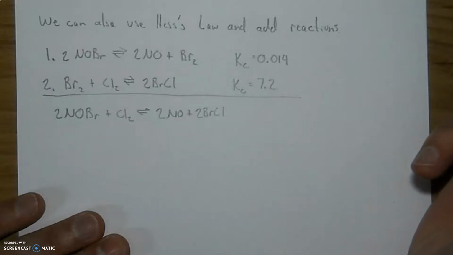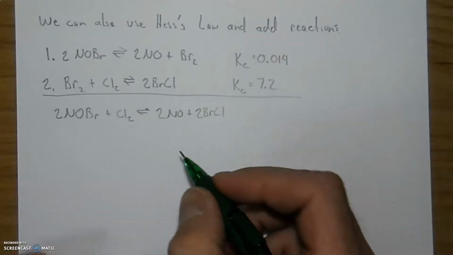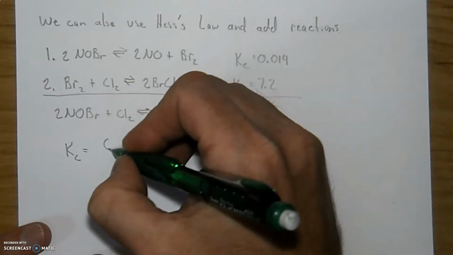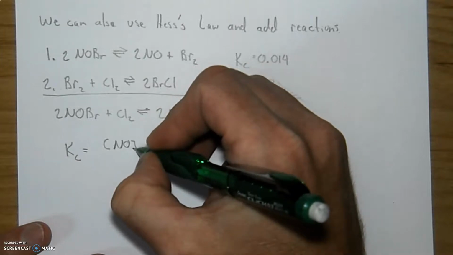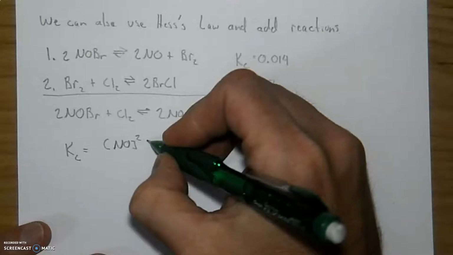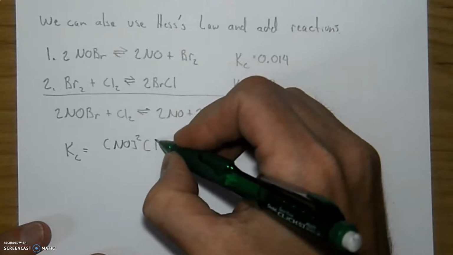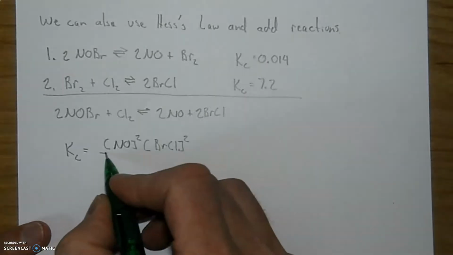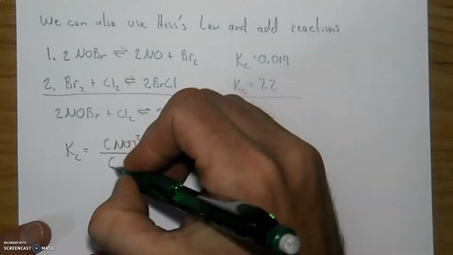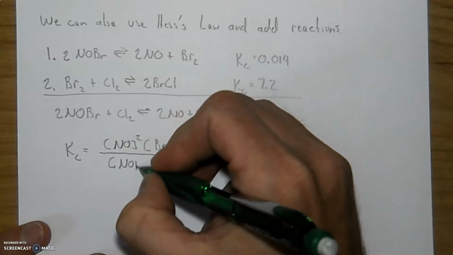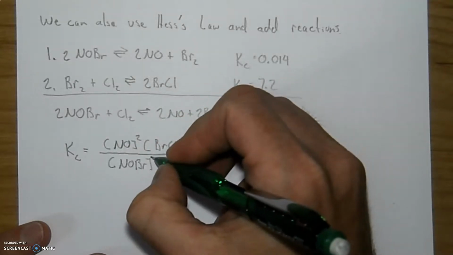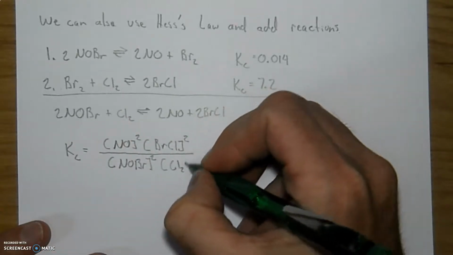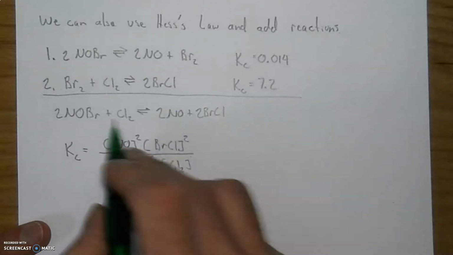Now, if I do the whole products over reactants, I would have Kc is equal to NO squared times BrCl squared, still a product, over NOBr squared and Cl2, but not squared, that's just 1.